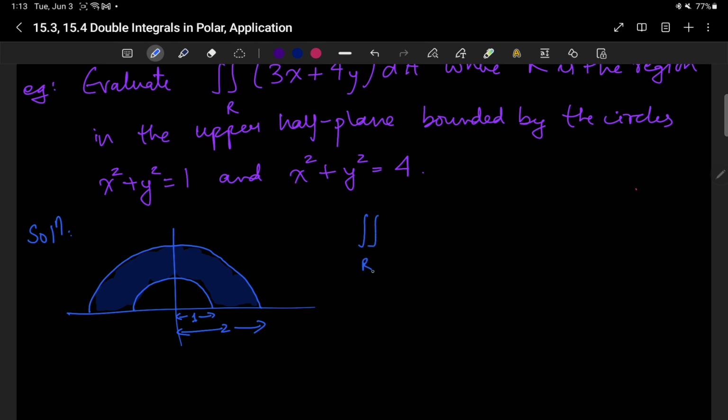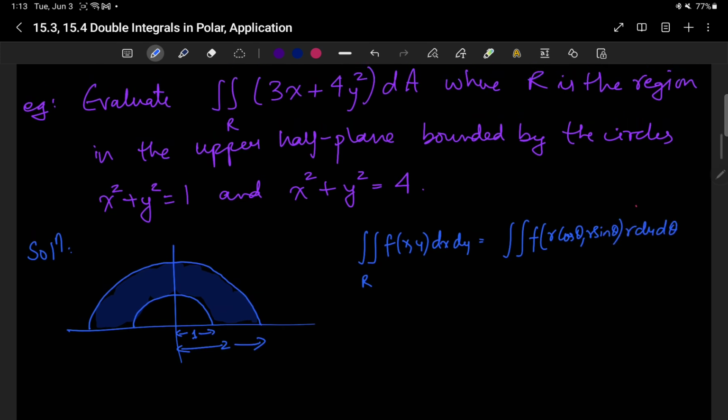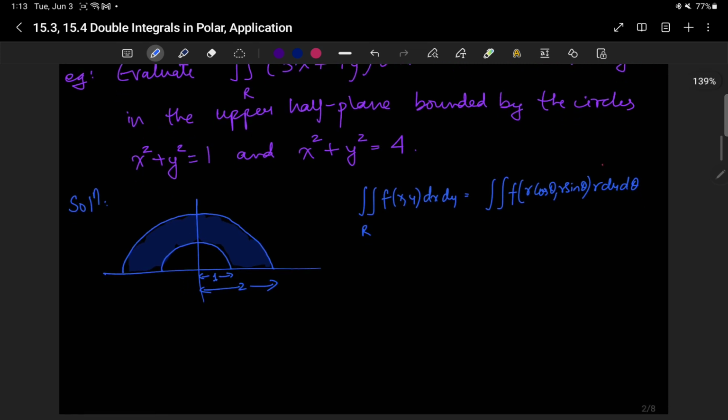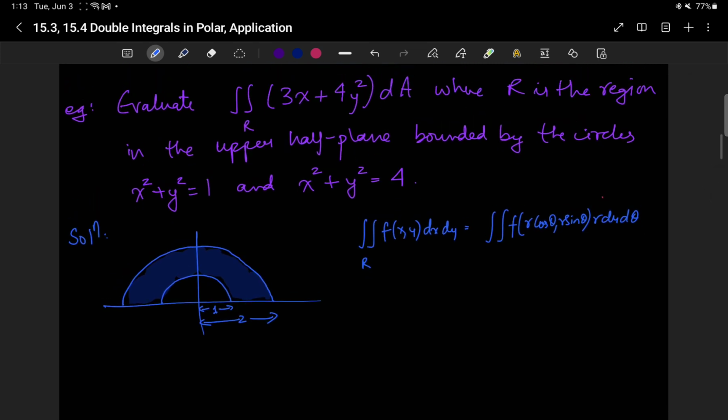Our result says that as long as there's nothing overlapping, f(x,y) dx dy becomes, in polar coordinates, I rewrite it as f(r cosine theta, r sine theta) r dr d theta. So the first step we are going to do is rewrite this function as given.